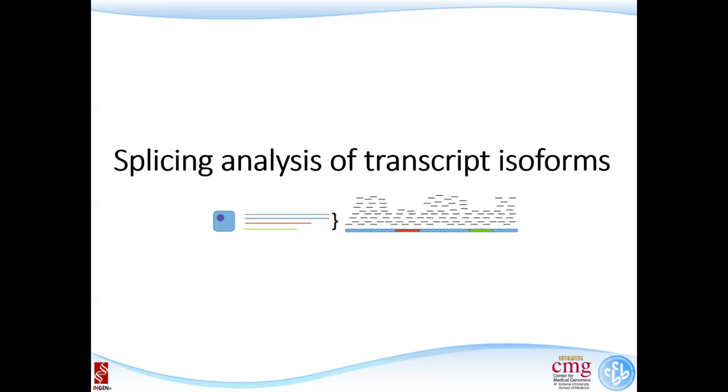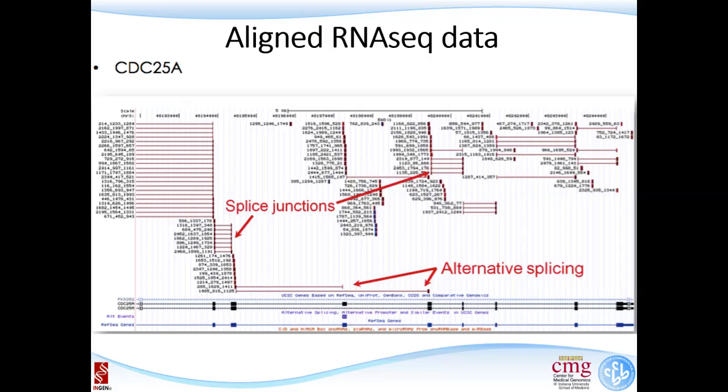But when you pull these back and align them to a reference, or if you reconstruct a transcriptome of an organism, the data actually looks like this. So reads will land on a piece of an exon, and then you'll see these long stretches, which is coded by Ns on the actual read in the BAM file.